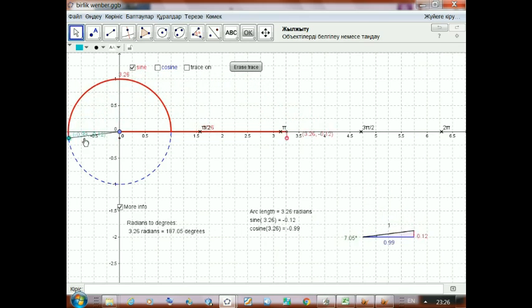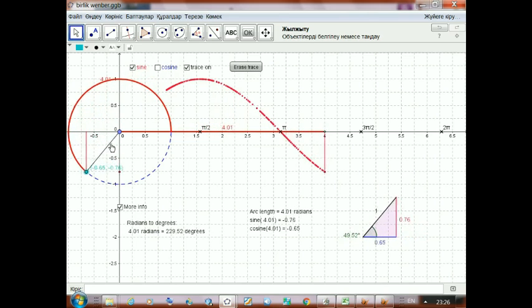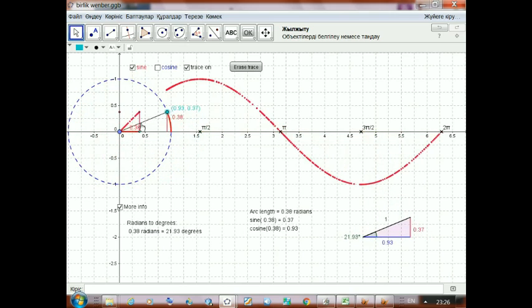Now it's positive, after that it's negative, and here it's positive again. Now if we trace, as you see, if we increase this angle, we will get the graph of the sine function.